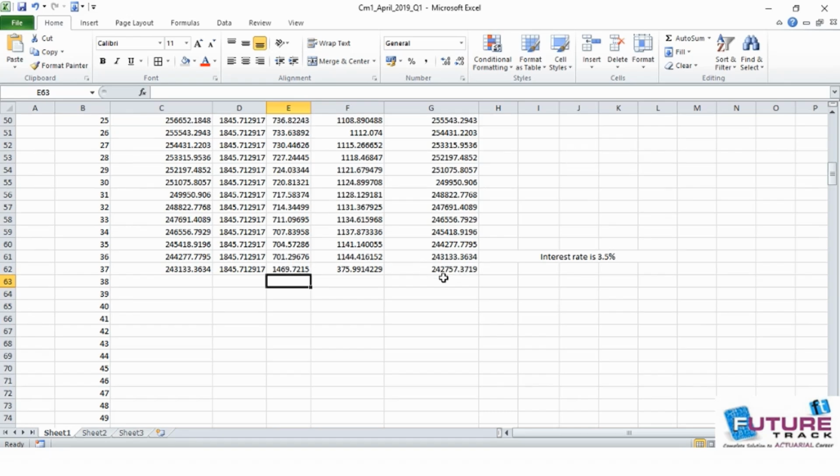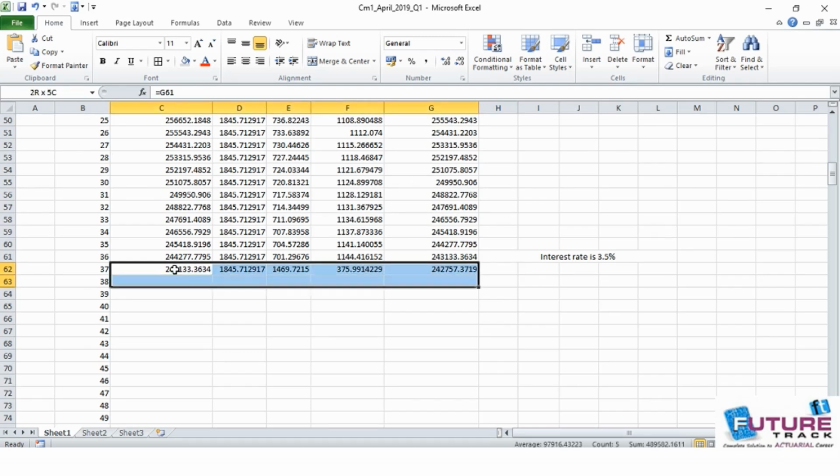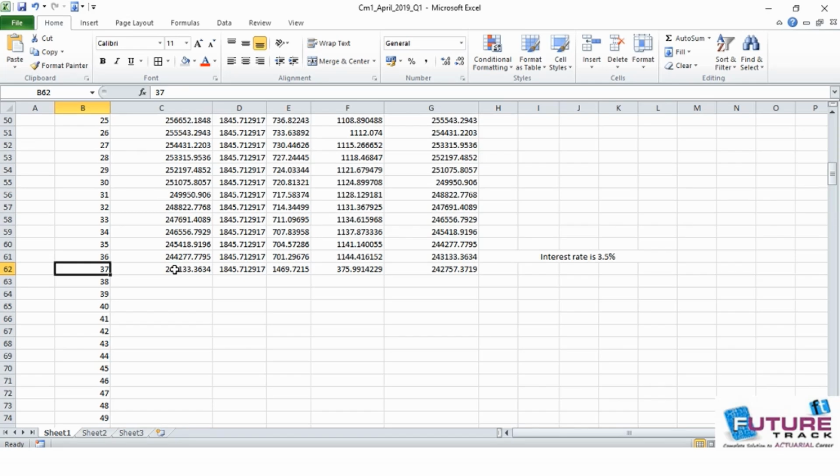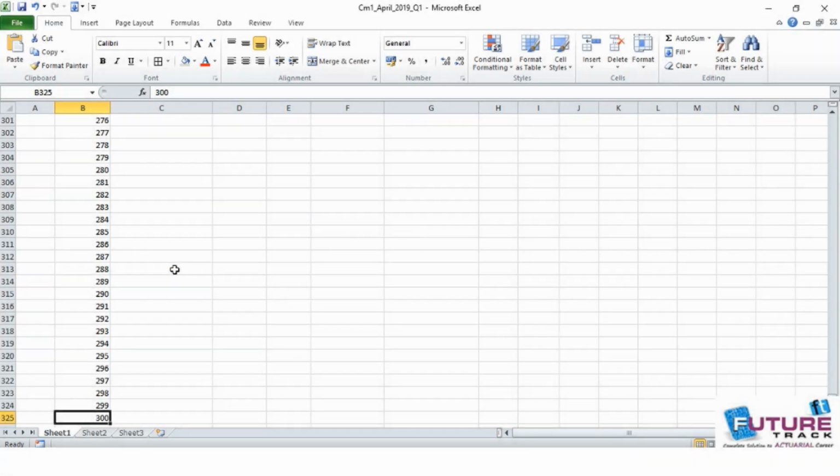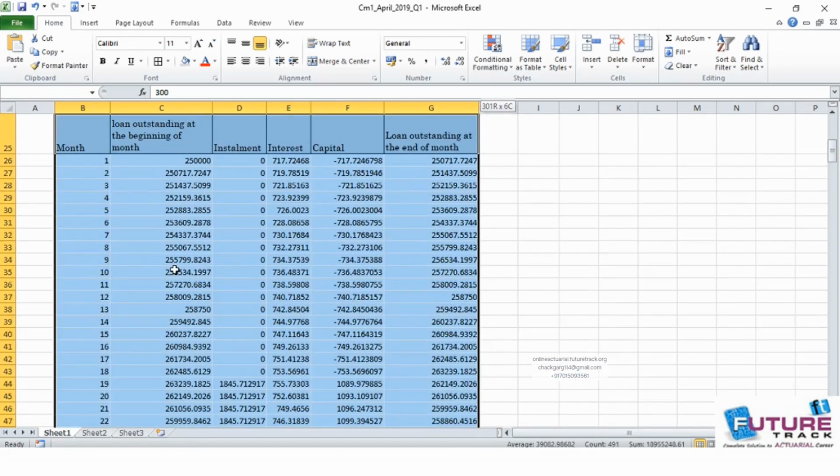Fine. The interest increases, the capital is 0 minus this, and the same formula. We have loan outstanding at the end of the month, this minus this. Fine. So we can apply this formula, select this, and for the first 18 months, we have the same thing.